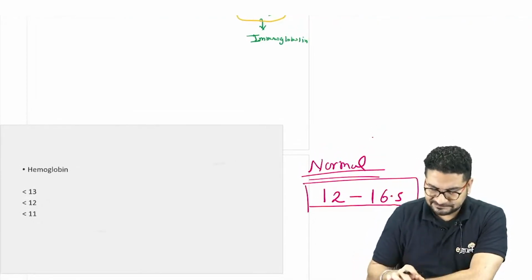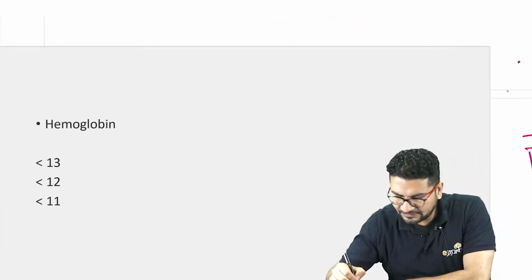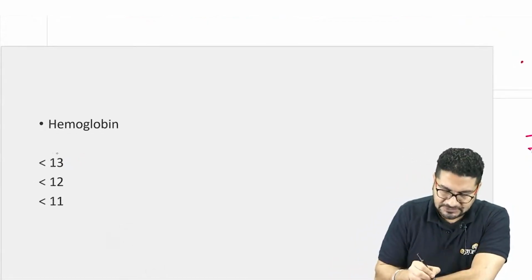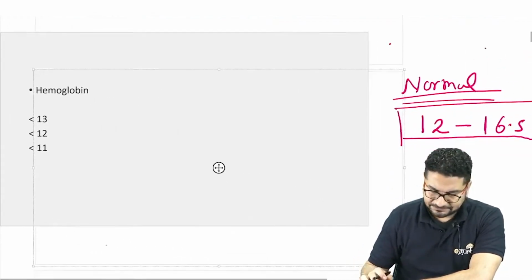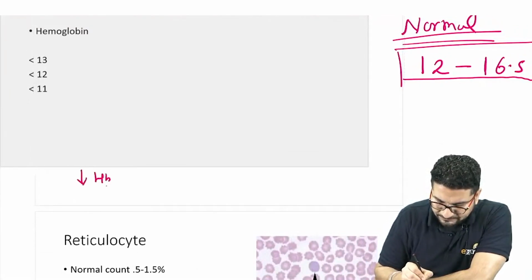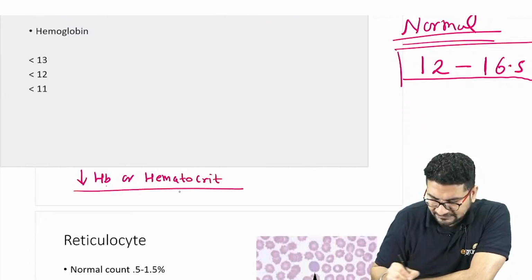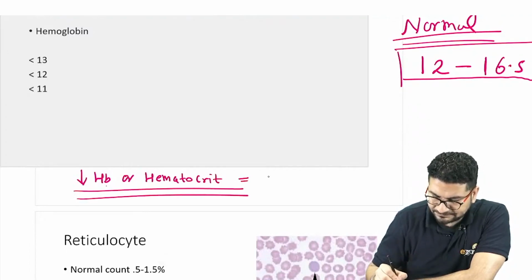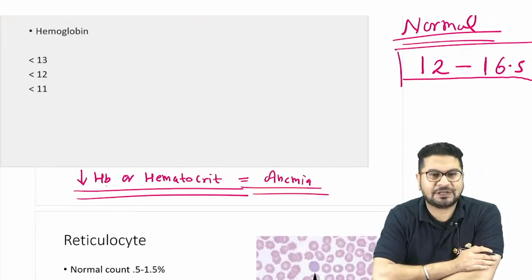Less than 13 is for males, less than 12 is for females, and less than 11 is for Indian females. Any doubt, guys? So anemia we can define as decrease in hemoglobin or hematocrit.